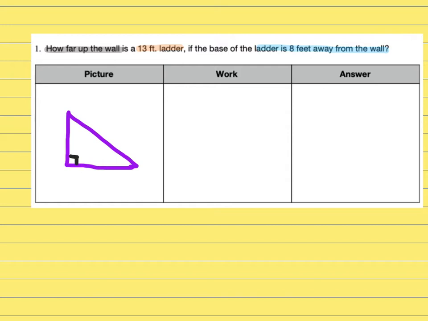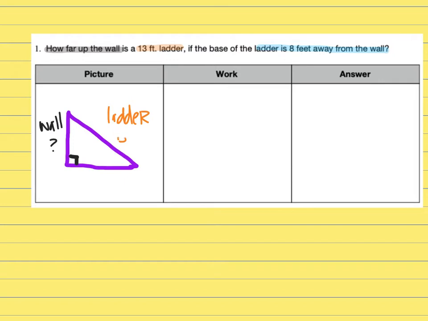So the wall is what we don't know, and that's over here. A wall goes straight up and down. Then it said that the ladder was 13 feet long. It's a 13-foot ladder. The ladder is what is leaning over. I know it's 13.